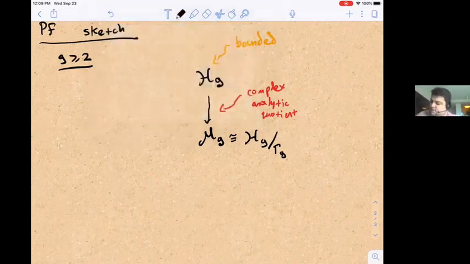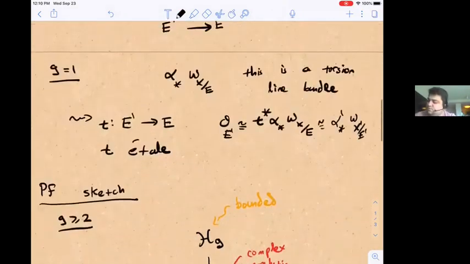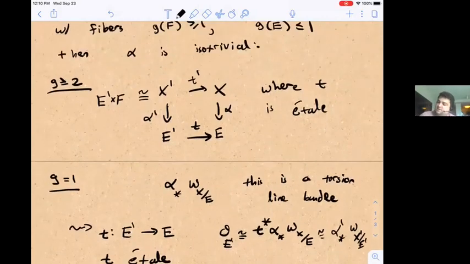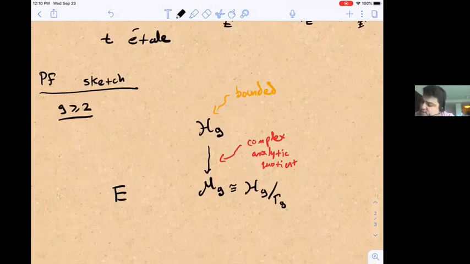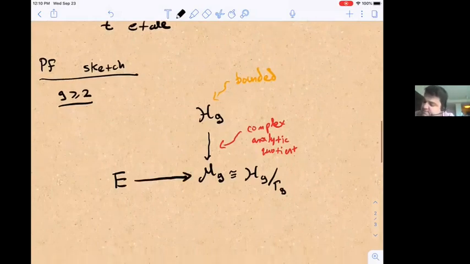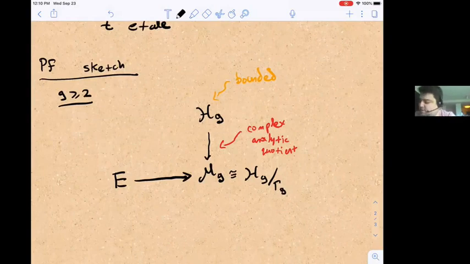This is the universal cover. And so if we have our smooth family alpha, X to E, then if you take as a black box that this moduli space exists, then we get a classifying map like this, depending on alpha, that sends E to the point in the moduli space corresponding to the curve in the fiber.